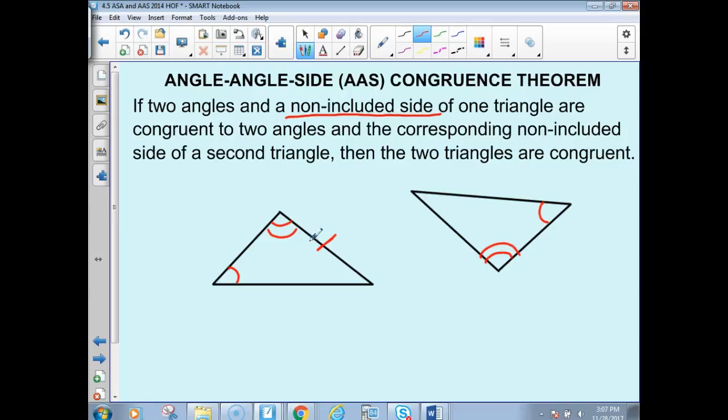It has to be the same place, meaning this side has the double arc touching it, so it'd have to be there. That's what it means by the right corresponding non-included side. If this had been marked here and that up here, this wouldn't have worked. These have to be corresponding properly. So that's just an example of angle, angle, side.